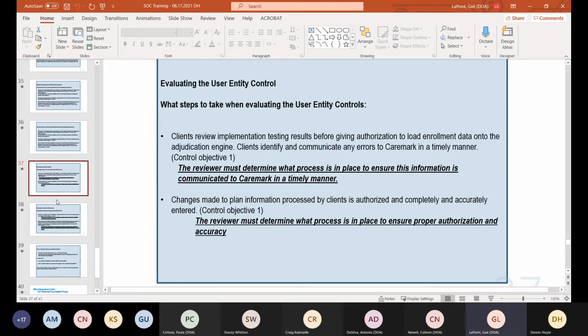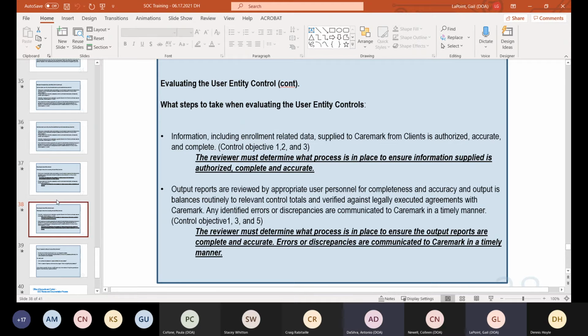For control objective 1, the reviewer must determine what process is in place to ensure proper authorization and accuracy. What steps do we take to ensure that the information, including enrollment-related data, that we supply to Caremark is authorized, accurate, and complete? We must determine what process is in place to ensure the information supplied is authorized, accurate, complete.